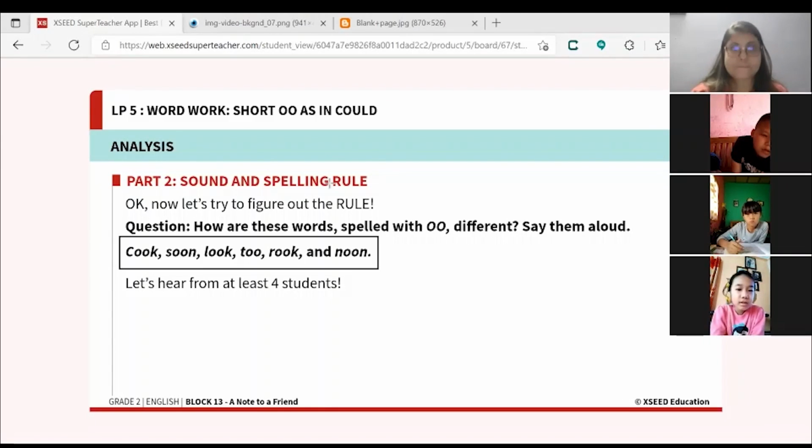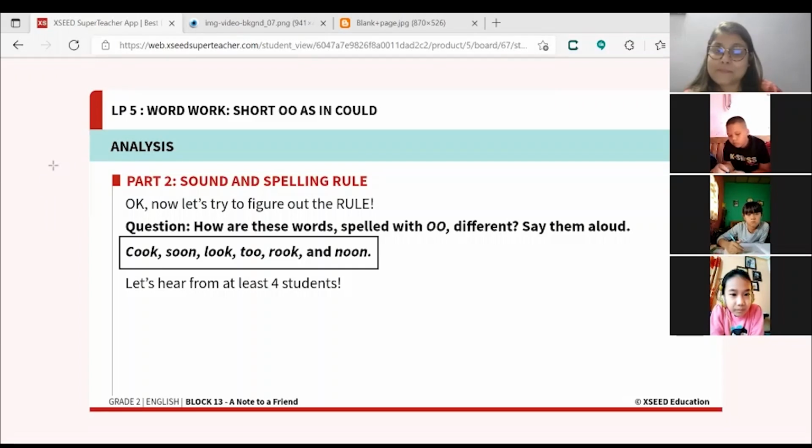In cook, there is the short O sound, but like in noon, the O sound is longer. Wow, that's correct.